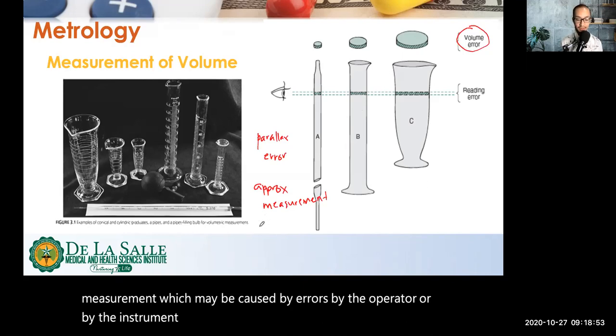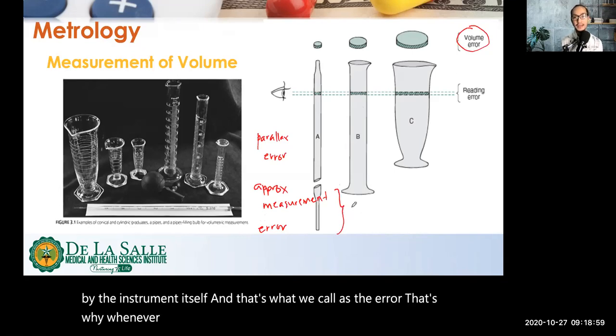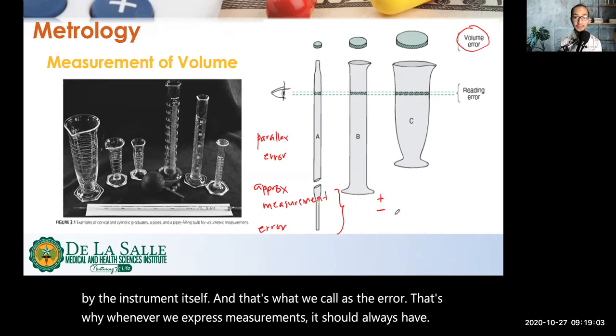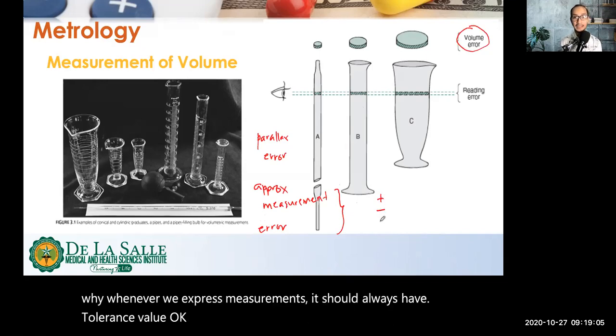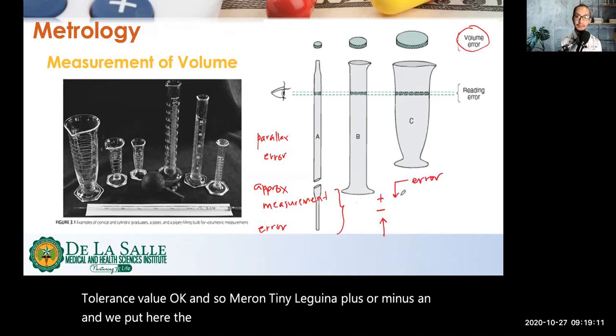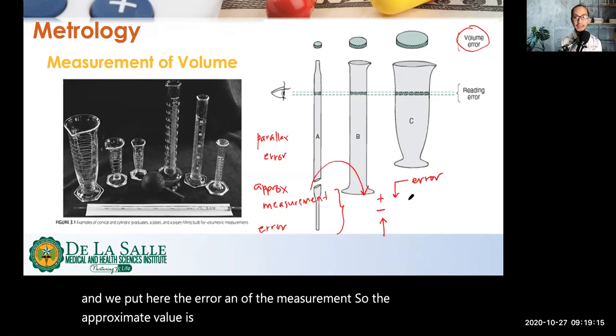And that's what we call the error. That's why whenever we express measurements, it should always have a tolerance value, okay? And so we put a plus or minus, and we put here the error of the measurement. So the approximate value is written here, and the error is written here, okay?